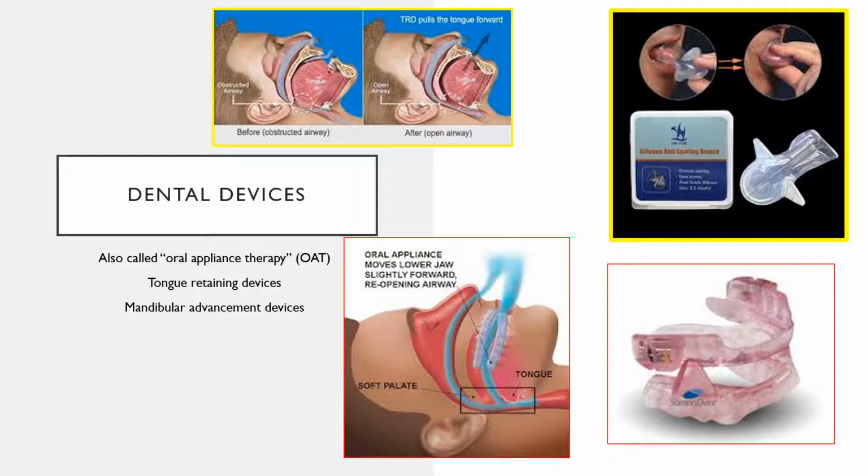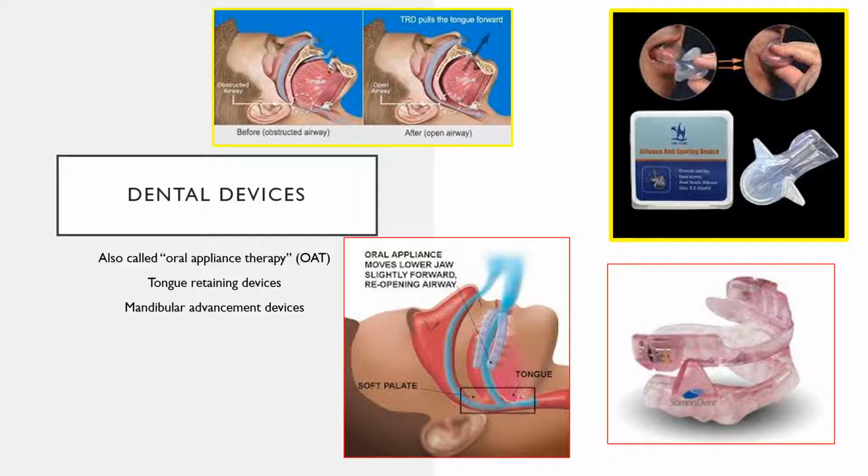There are different dental devices that could also be used. You see outlined in yellow at the top, those are the tongue retaining devices, and the thought behind this is that they have a device that sticks to the tongue. It works like a suction cup, and then it actually pulls the tongue forward, trying to open up the back of the airway.